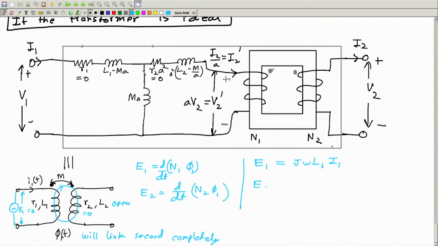Similarly, we also write that E2 is equal to j omega M I1. From these two equations we can write that E1 by E2 is equal to N1 by N2. But from these two equations we can write E1 by E2 is equal to how much? L1 by M.